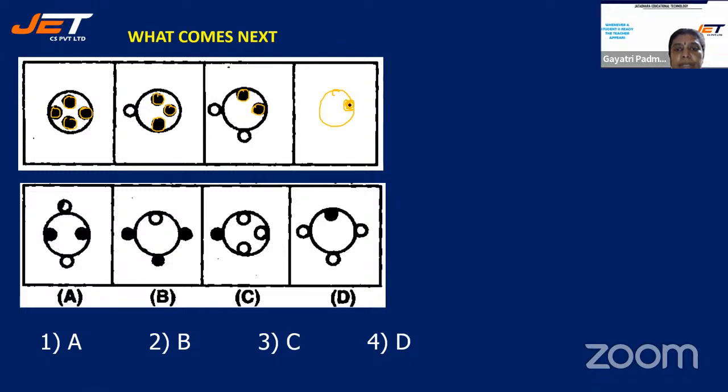Wherever it is facing, it should be only 1. So which all have inside shaded 1? Let's see. Only D you have. With this itself, you can definitely conclude that D should be your answer. Right. See how simple. With just one shot, you can quickly find out your answer.